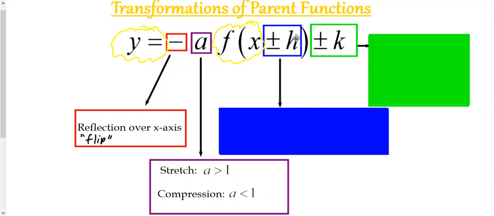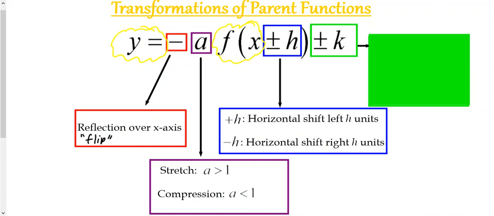Okay, the next transformation we're going to talk about is a horizontal shift, or a horizontal translation, it's also referred to. And that comes with the letter h. Now this is pretty tricky. You just have to keep in mind that if we are adding a number to the x, that means we're really going to the left h units.